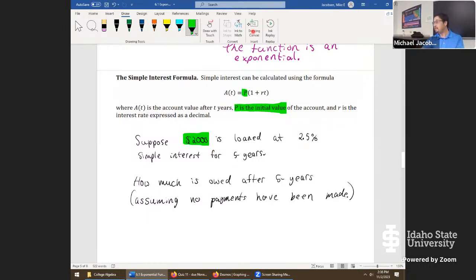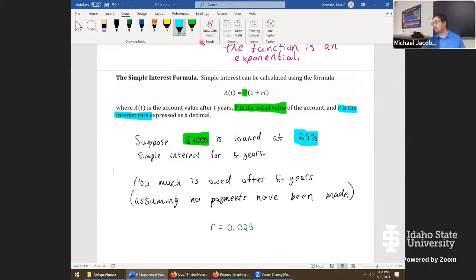R is going to be the interest rate. And so our value for R is not really the 2.5%. If we use that as a number, our values are going to be way, way off. We have to use R equals 0.025. All I did is take the decimal place and shift it left 2 places, changing the unit from a percentage to a decimal number. So that's the interest rate we have.